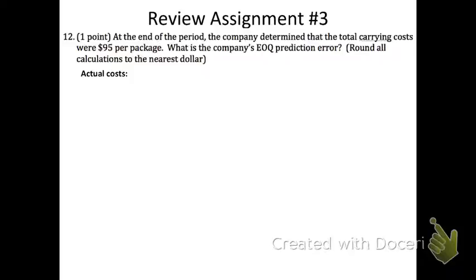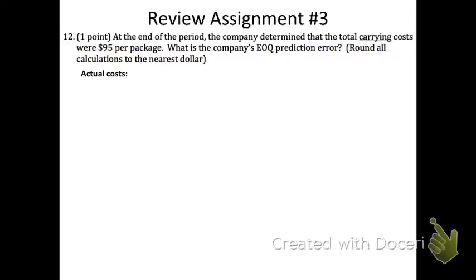And so our carrying costs are actually going to be more than what we should have had because of the higher carrying cost per unit. But at any rate, the way that we find the economic order quantity prediction error is we look at the costs that we actually incurred, and then we look at the costs that we should have incurred had we correctly predicted the economic order quantity. So our actual costs here are going to be what we actually incurred.